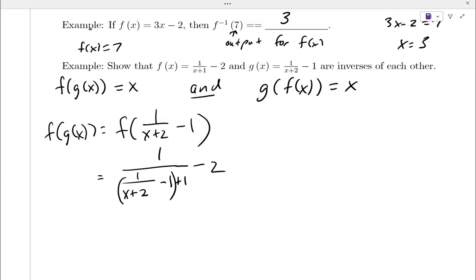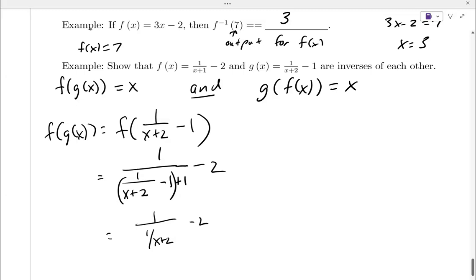What do you notice happens on the bottom? Yeah, the 1s and the minus 1s cancel each other out, don't they? Okay, so we have 1 over x plus 2 minus 2.